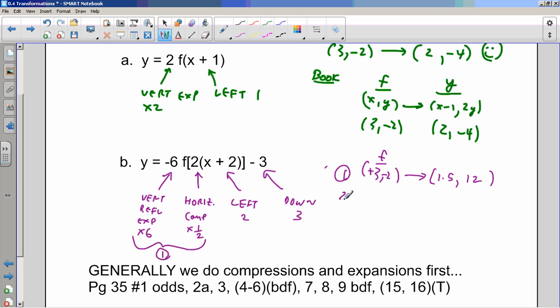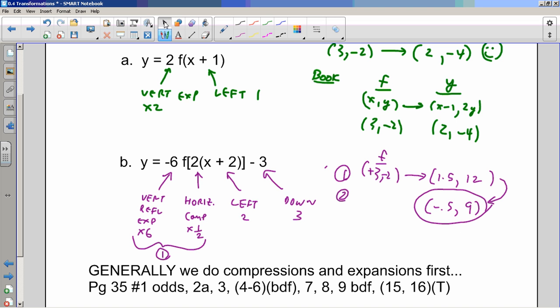And so then I'm going to take this point, and then I'm going to move it left and down. So then I think of the next point, left and down. Left 2 means this goes from 1.5, left 2 would be to -0.5. And then down 3, well, it was at 12, we move down 3 to 9. And there's the point. That's the end point.